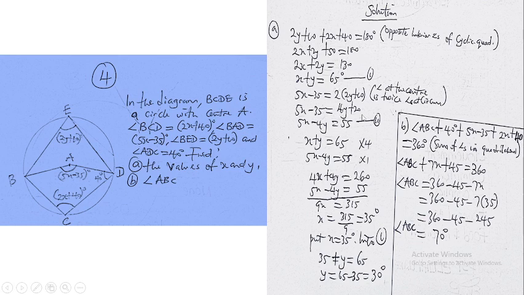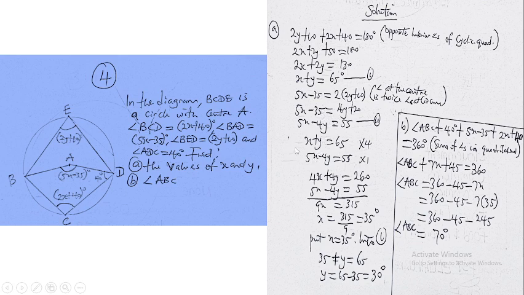We can now solve equation 1 and equation 2 simultaneously to get the values of x and y. I use the elimination method to find the value of x.